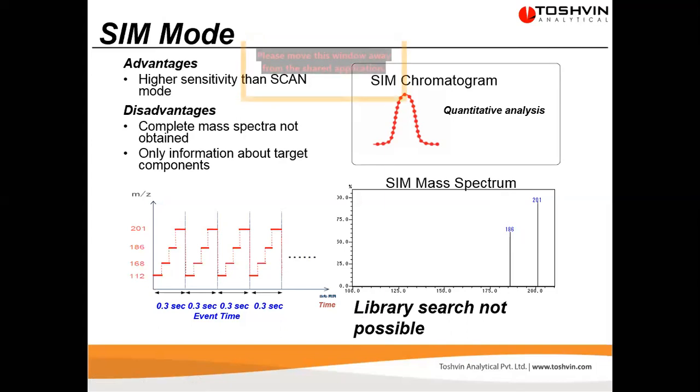Why is library search not possible? Because in SIM analysis, the output is what we have given. So we will get output from what we have fed into my system. For example, if I feed these 4 ions, it will give information only about these ions. So if I match this with my library, it will give totally wrong information.